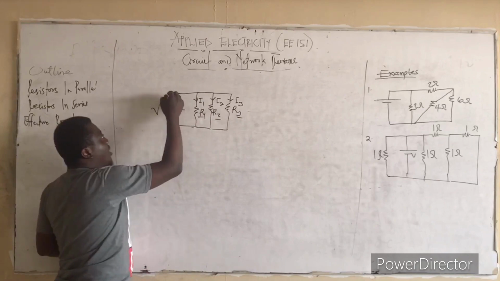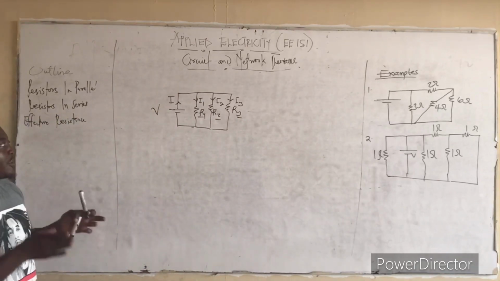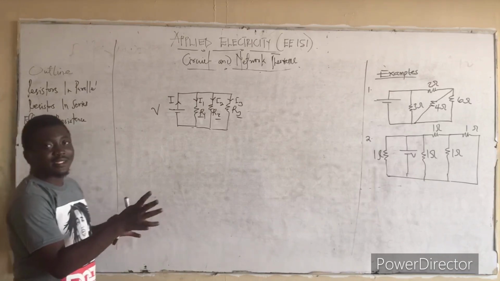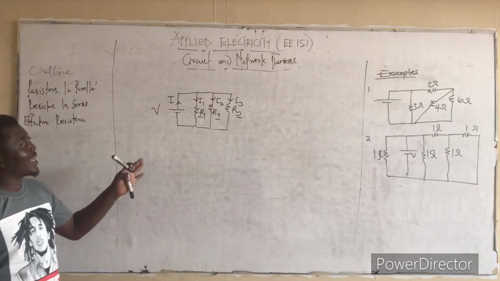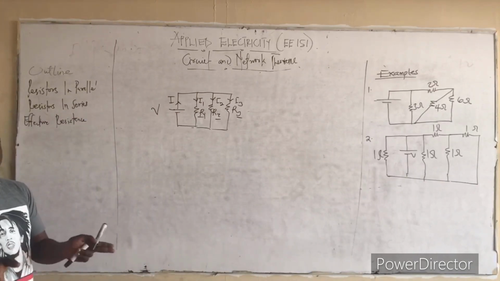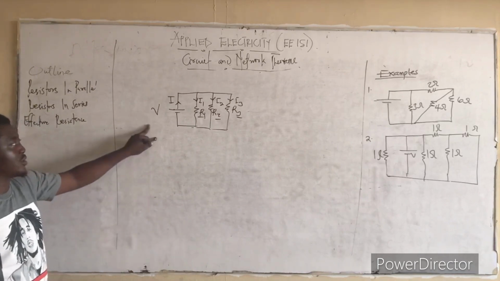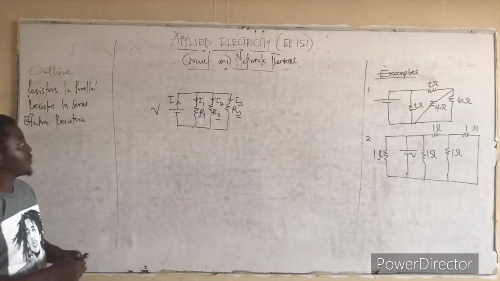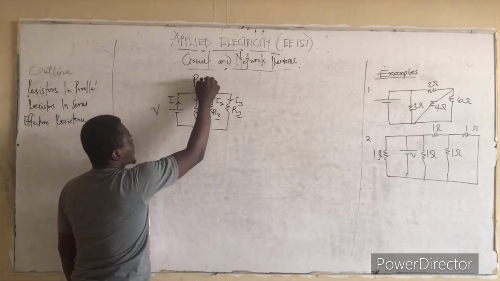But they are all coming from this I, which was coming from the voltage source. So one way of identifying that resistors are in parallel is there is current splitting or current coming together. That's a way to see that they are in parallel. Okay, so this is for parallel connection.